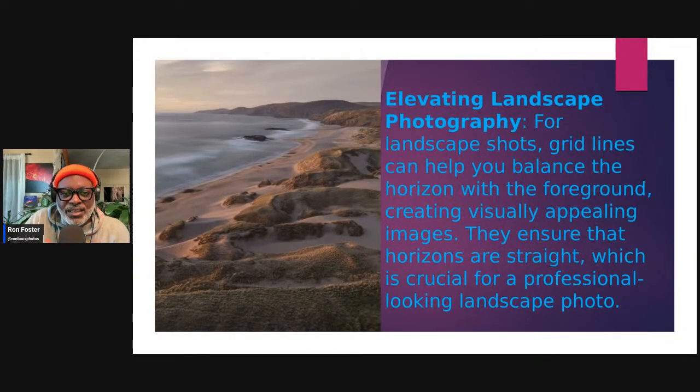Next, elevating landscape photography, is what I was getting ready to talk about. I rushed it. For landscape shots, grid lines can help you balance the horizon with the foreground, creating visually appealing images. They ensure that the horizons are straight, which is crucial for a professional looking landscape photo. I remember I used to take photos, and sometimes the horizon looked like it was leaning to the left or to the right.